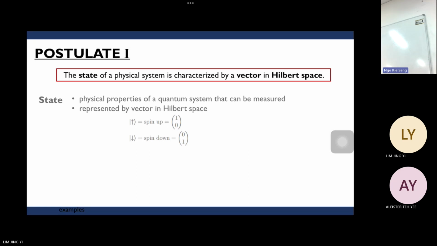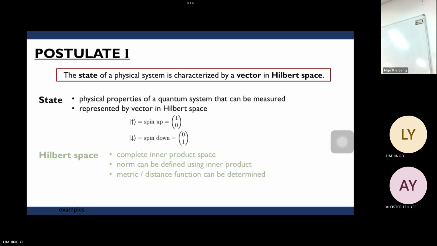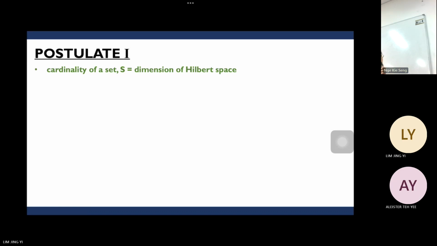The first postulate is: the state of a physical system is characterized by a vector in Hilbert space, which just means that we need a vector in Hilbert space to describe these states. We have already introduced that a state is just some measurable physical property of a system, and it needs to be represented by a vector in Hilbert space.